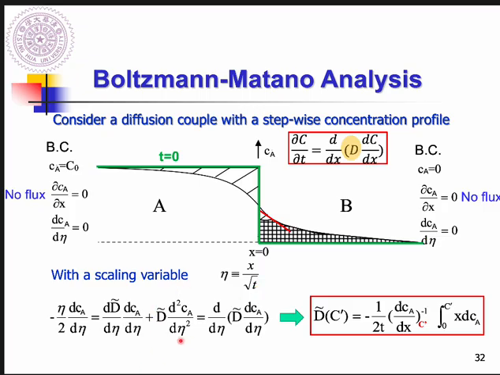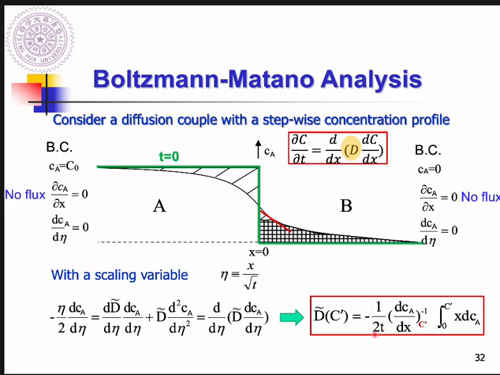So after a series of derivations, you can get the D of C prime, which means that at any concentration C prime, you can get these results, and they can be simply classified into 3 parts.